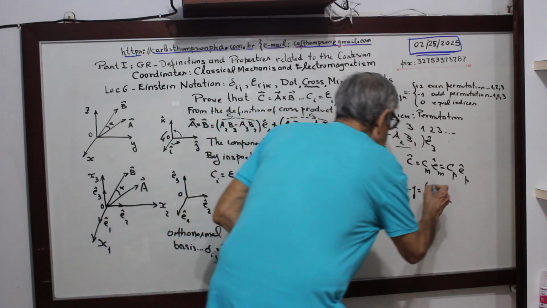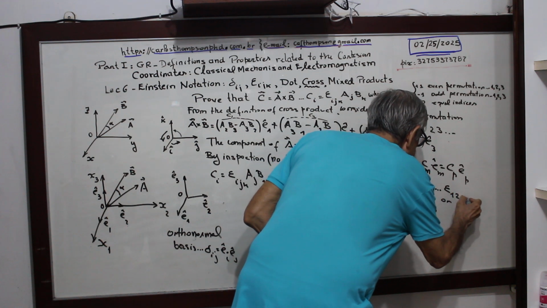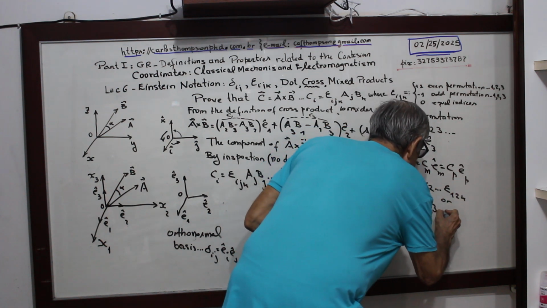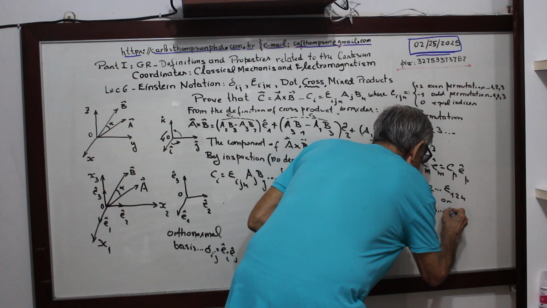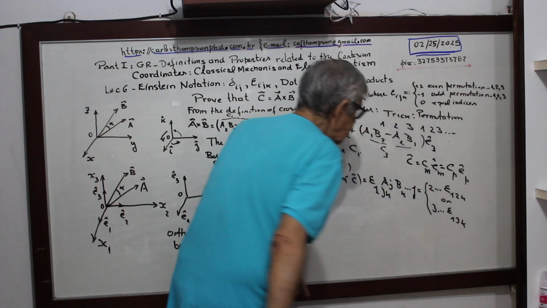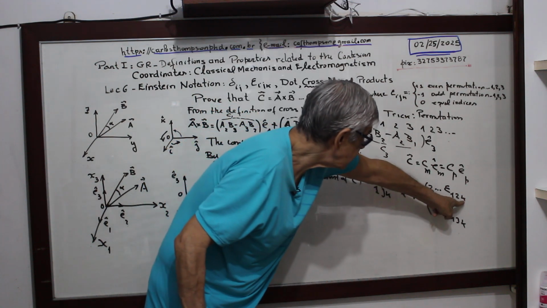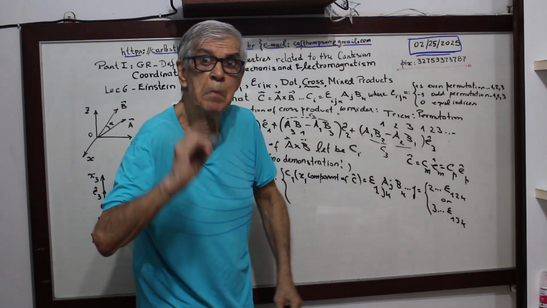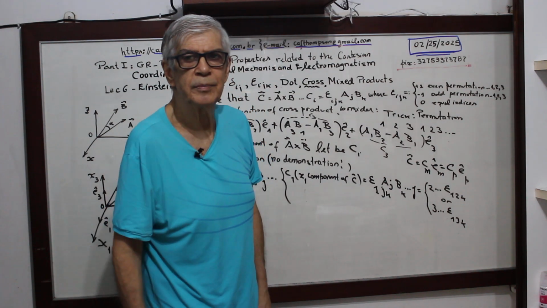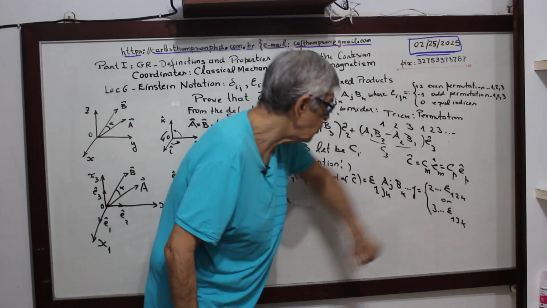If J is 2, I have epsilon 1, 2, K. If J is 3, or epsilon 1, 3, K. Now, in this case here, K must be 3. Must. Cannot be 2, cannot be 1.